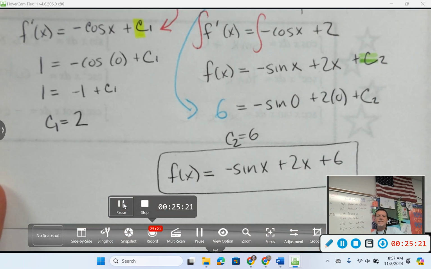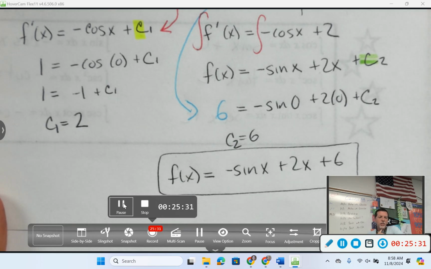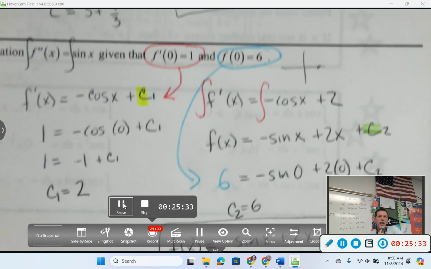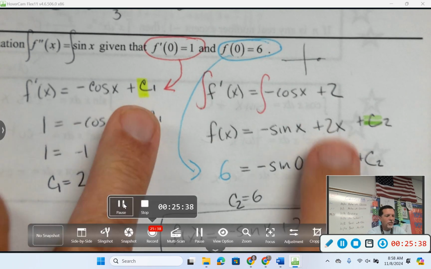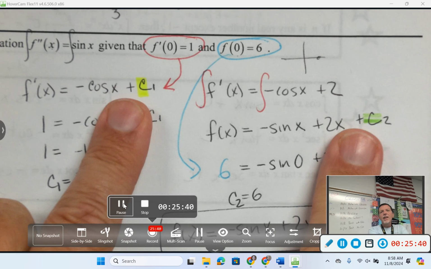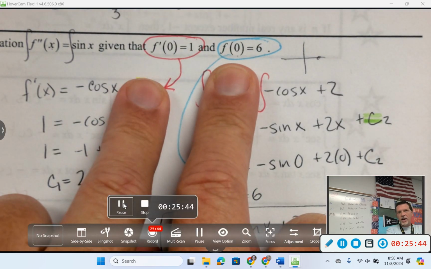Will there be a scenario where they won't give you both derivatives' answers? Like, would it give you f of 0 for one of them? That's a good question. They have to give you two pieces of information, right? Because you got two variables in here. They could do it where they give you two f's and not an f prime.